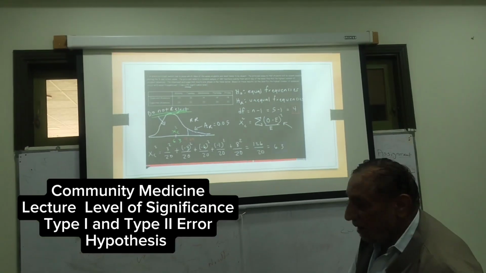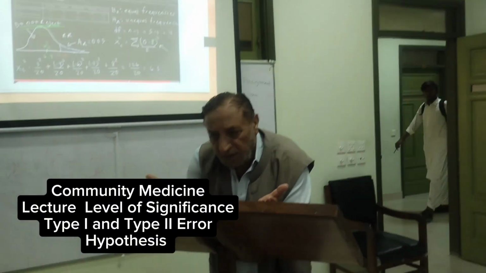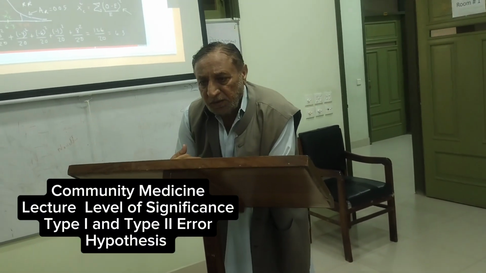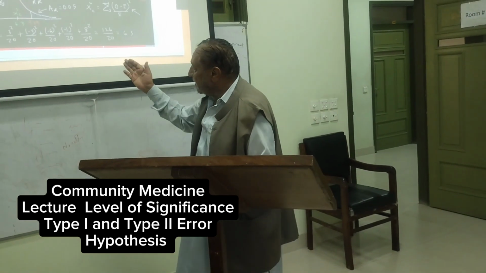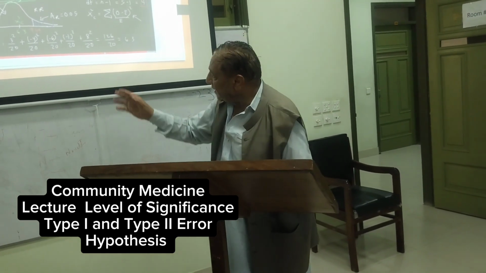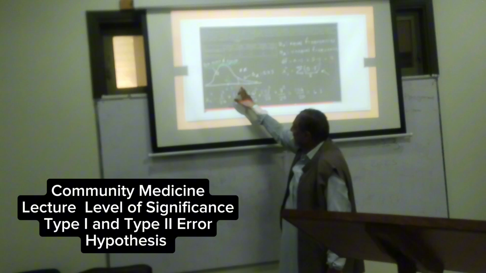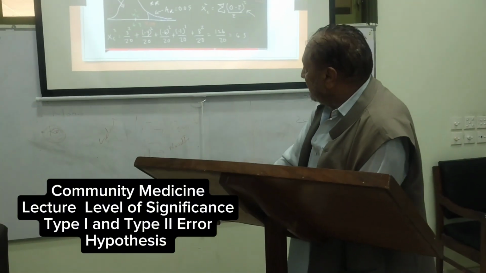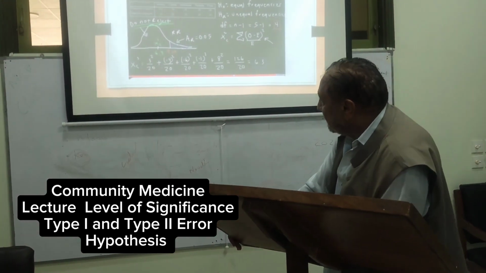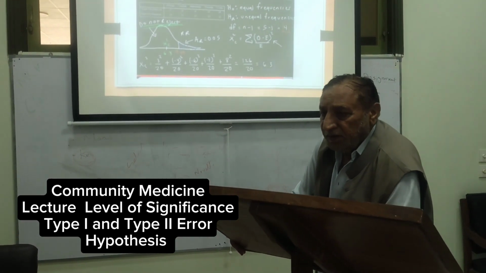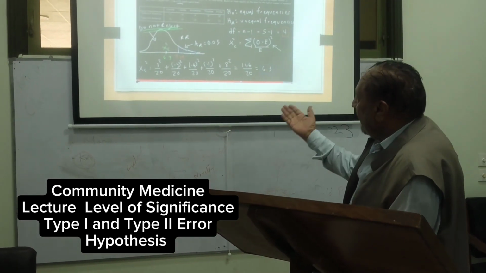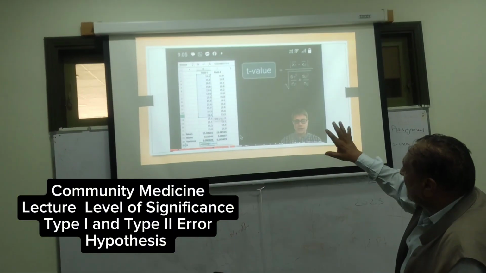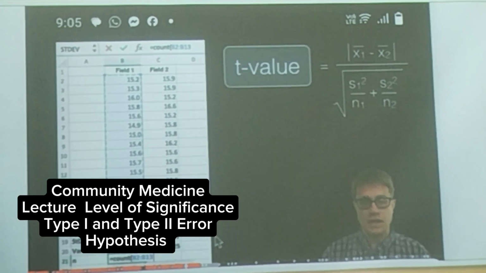That is a common question: if the table value is less, then you will reject, and if it is more, as in this case, where this is the calculated value and this is the table value, you will not reject the null hypothesis, and you will say that the significance level is not as important. Next please.